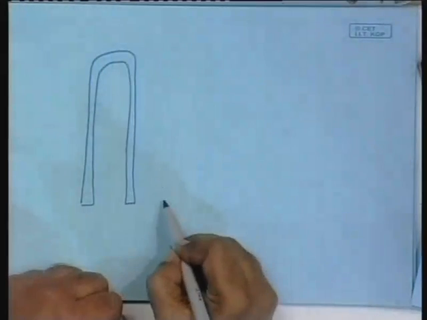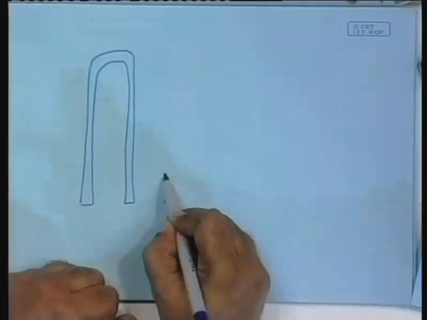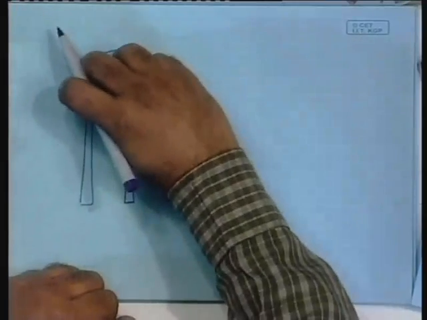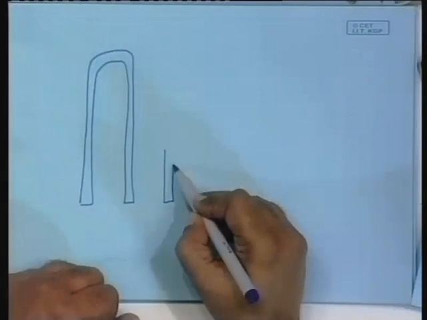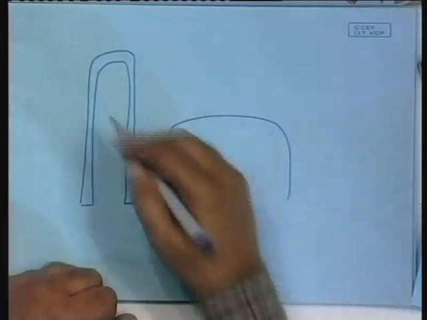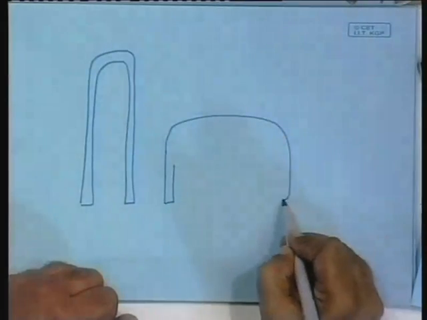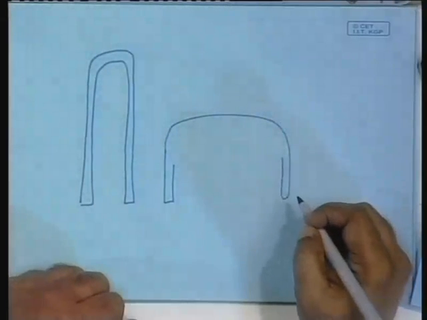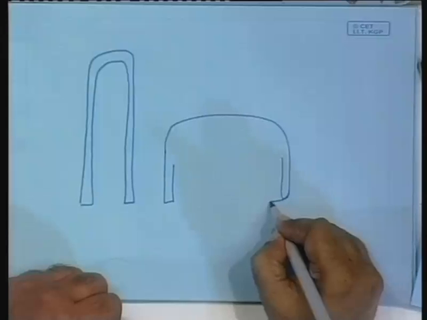This fellow. So we will start with this. This fellow has gone here, so it will go like this here. Okay. Then this, no, it will go like this.